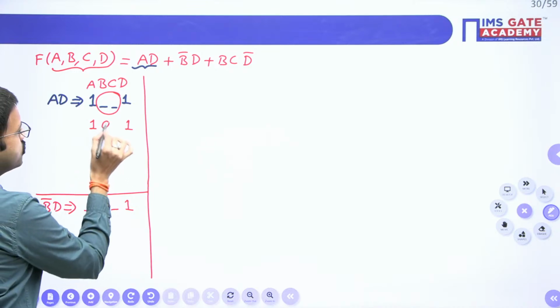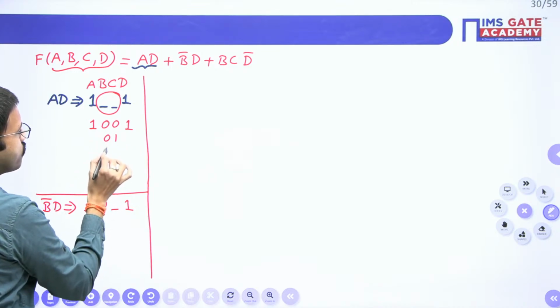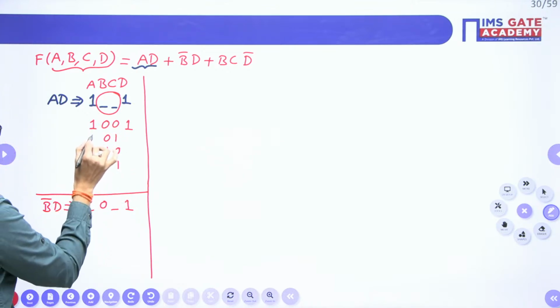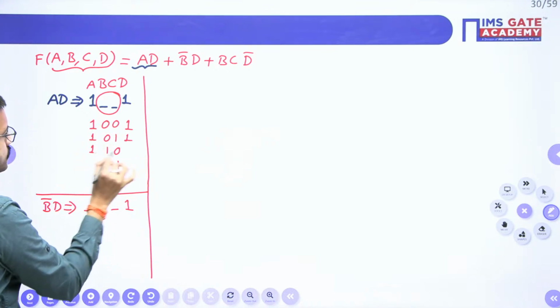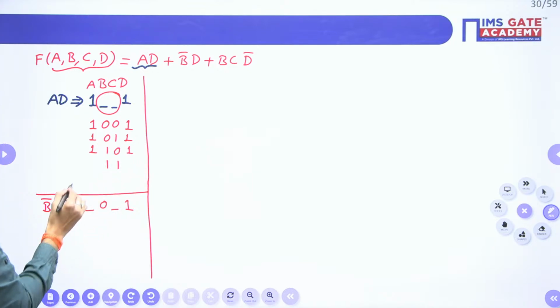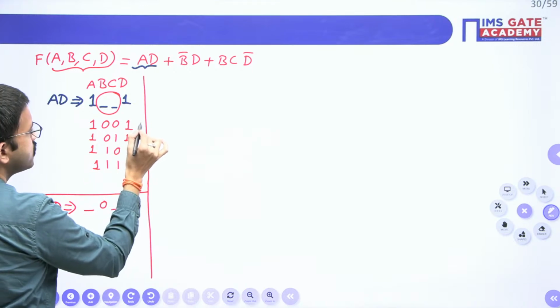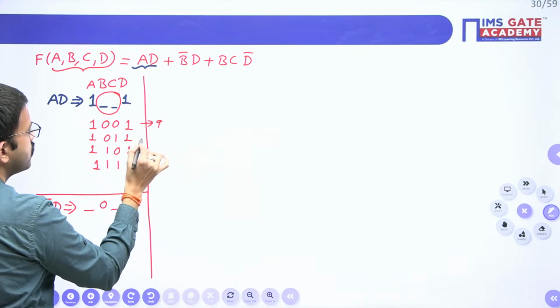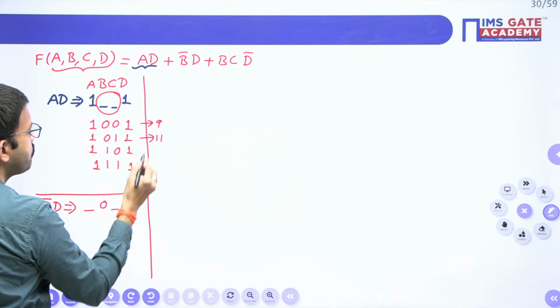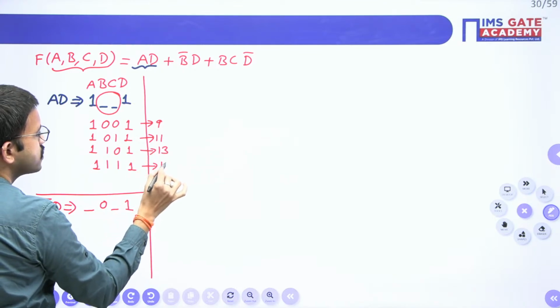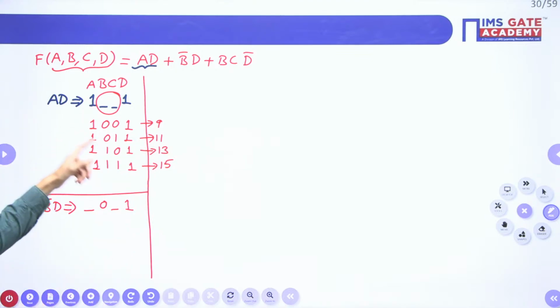You just write 00, 01, 10, 11. 4 combinations regarding BC you will get. Now regarding AD you keep as it is. Now 1001 is nothing but 9. Next 1011 is nothing but 11. 1101 is nothing but 13. And 1111 is nothing but 15. 9, 11, 13, 15. 4 minterms you are getting.